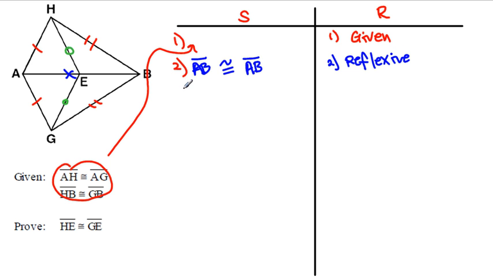Now number three, using the reflexive property, because of SSS, we get to prove that first triangle HB must be congruent to triangle AGB. And the reasoning here must be SSS.